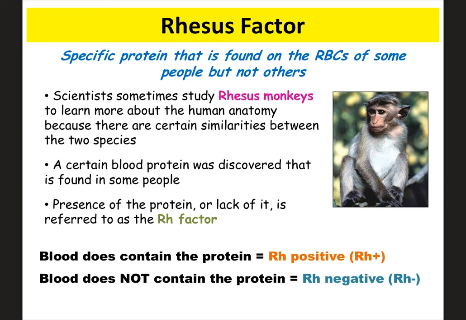If your blood has this protein, you would be considered to be Rh positive. You might have heard of somebody having A positive blood, which means they have type A blood, but they also have that Rh factor present on their red blood cells. If you don't have that Rh protein, you're going to be considered Rh negative, or type negative blood.